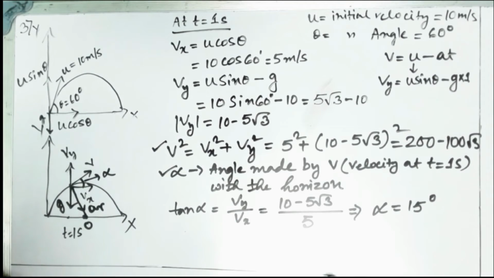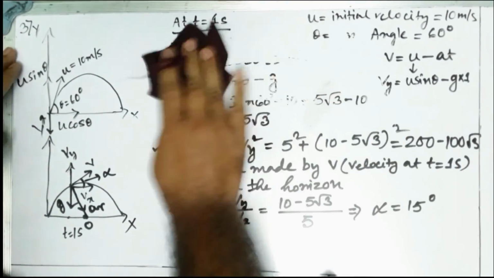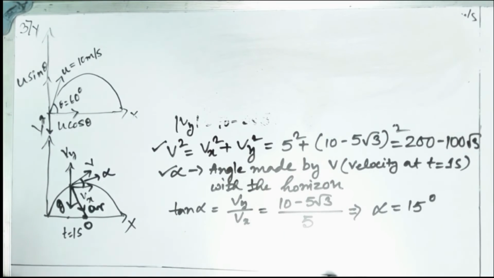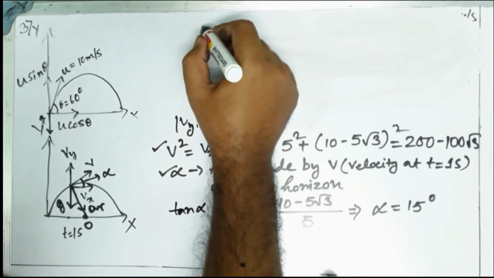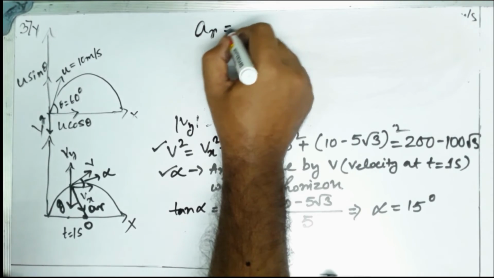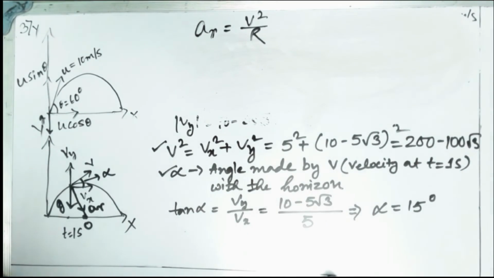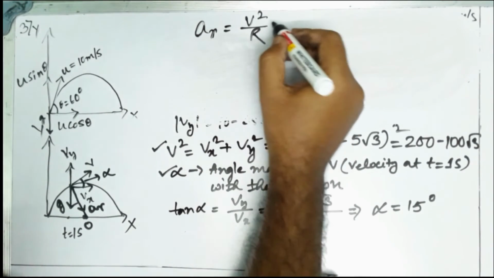From the expression of centripetal acceleration, AR is equal to V square by R.